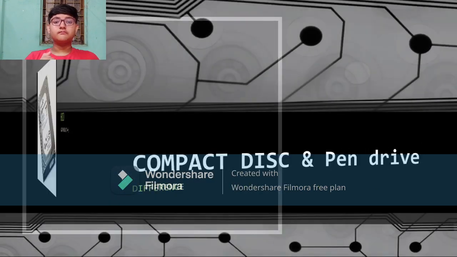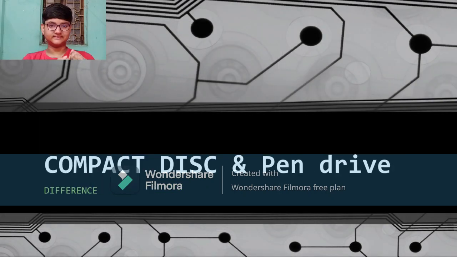Before going to SSD and HDD, first we need to understand the main concept between a compact disc and a pen drive. Disc means CD, and a pen drive we all know, as nowadays we always use a pen drive.